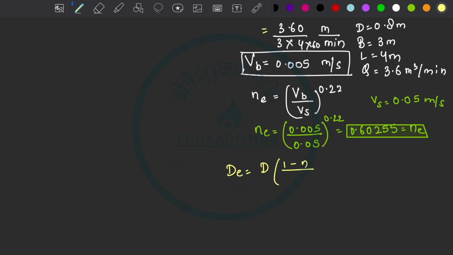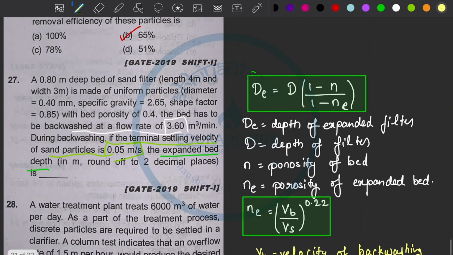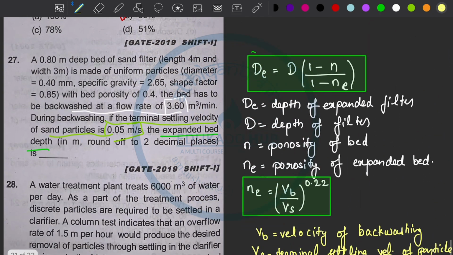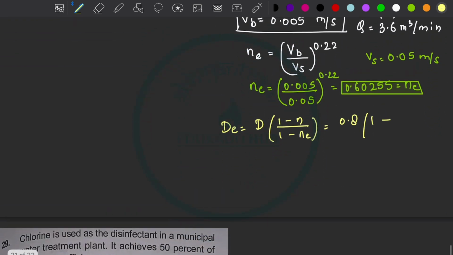dE equals D times (1 minus n) upon (1 minus ne). The depth was 0.8 meter. The normal bed porosity given in the question is 0.4, so 0.6 divided by (1 minus 0.60255).